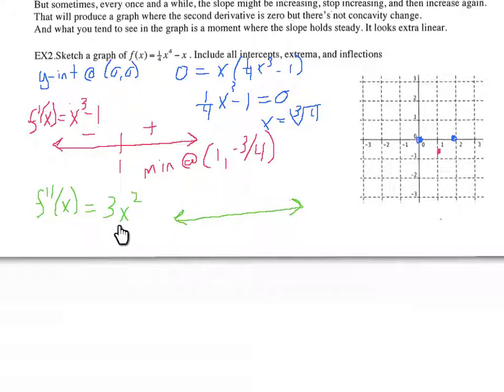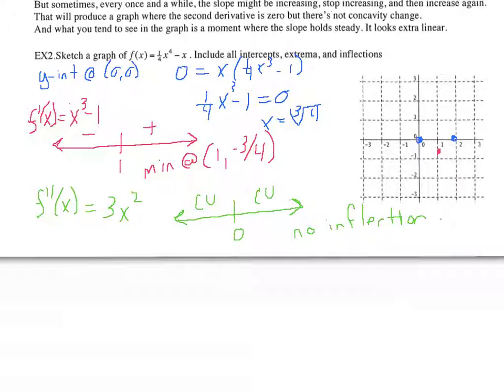There is only one, at 0. To the left of 0, the second derivative is positive, so it's concave up. To the right of 0, the second derivative is also positive, so it's concave up. That means we have no inflection point.